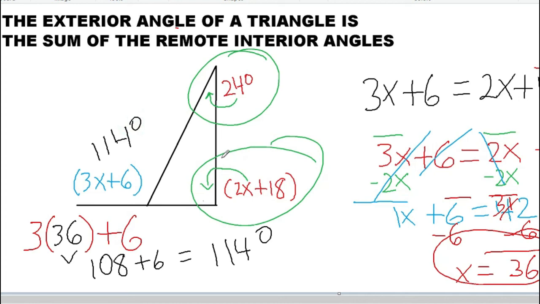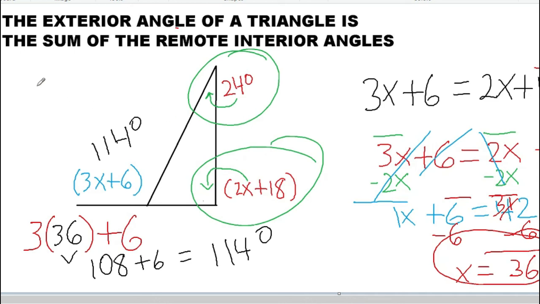One key thing to remember is that if we add these two right here together, it should add up to 114. Let's do that really quickly. We don't have to do this one. This is already 24 degrees, so we need to rewrite this 2x plus 18, and we're going to put in this 36 where we have this x.